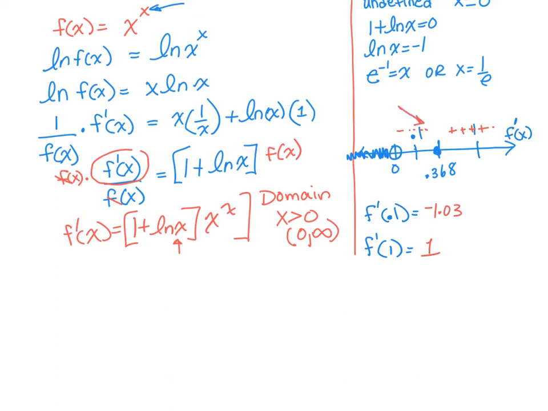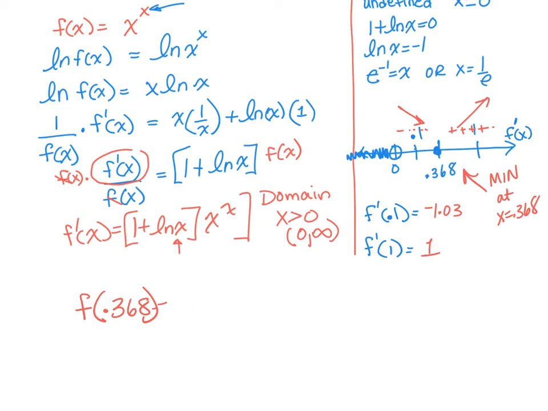So it'll be decreasing and then increasing. So using the first derivative test, we have a minimum at x equals 0.368.